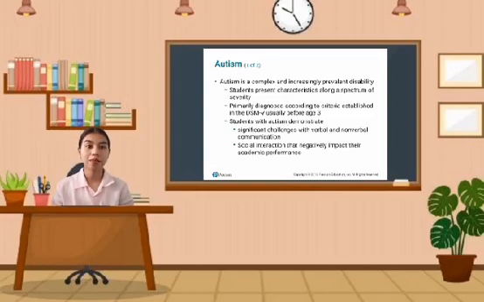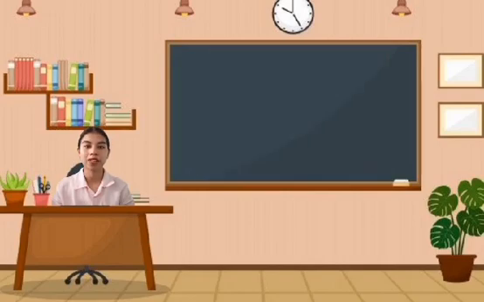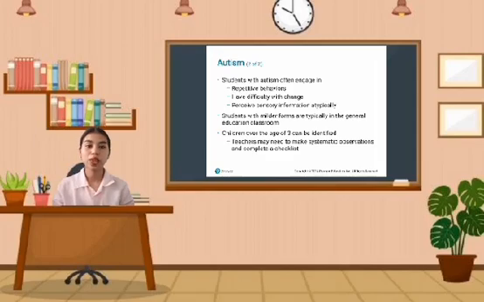Students with autism demonstrate significant challenges when it comes to verbal and non-verbal communication. Their social interaction can negatively impact their academic performance. And also, students with autism often engage in repetitive behaviors, have difficulty with change, and perceive sensory information atypically.